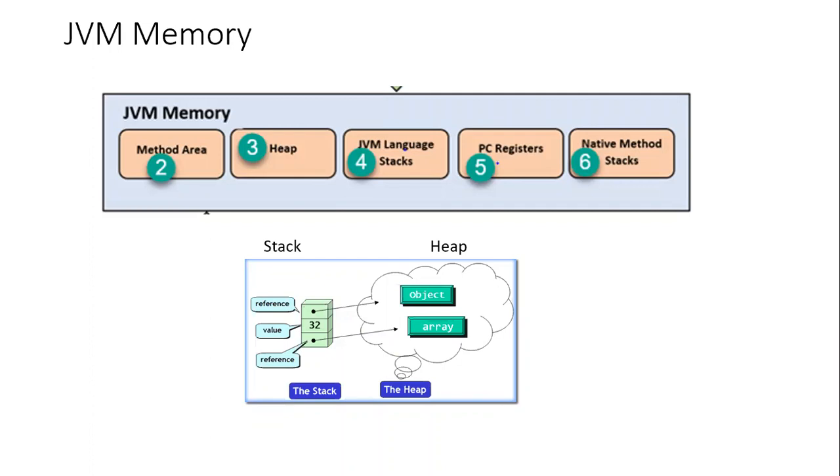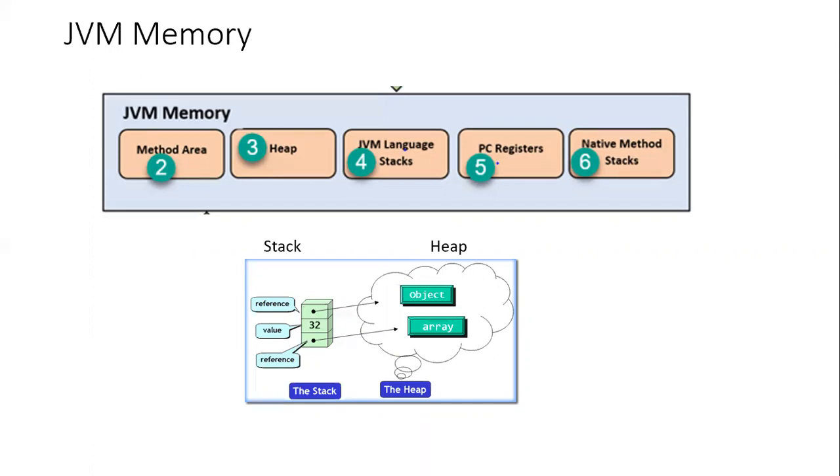Okay, the stack and PC register will be allocated separately for each thread. Say there are going to be 10 threads on top of the JVM. For each thread, it will have its own stack. It will have its own PC register. Which means when I access my add to cart, one thread will be created. Inside the thread, one stack will be there for my thread.